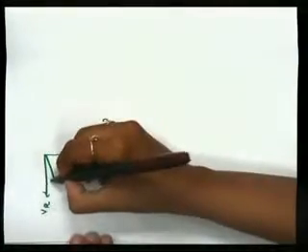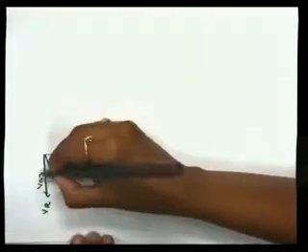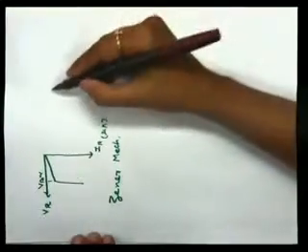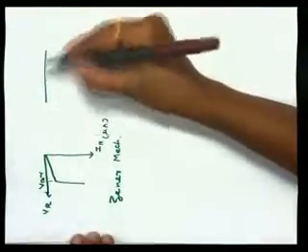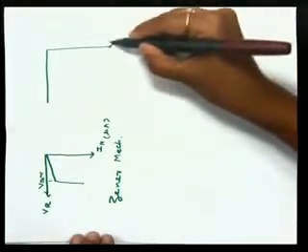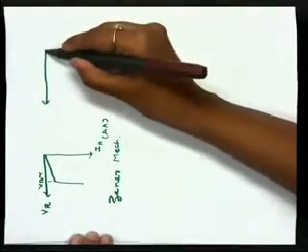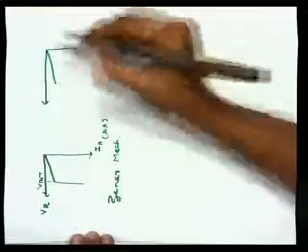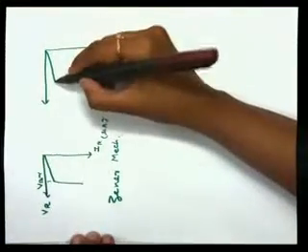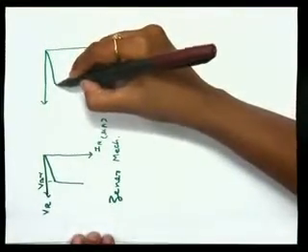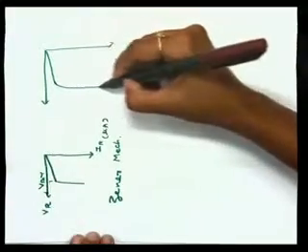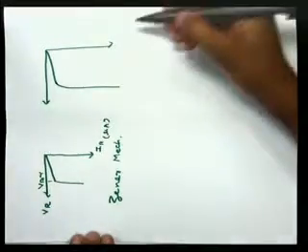Here is VBR, the breakdown voltage. But when avalanche breakdown occurs, the avalanche mechanism gives a regular breakdown. After the reverse saturation current, a very regular breakdown occurs.